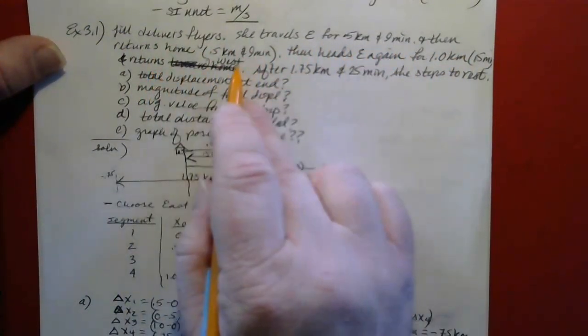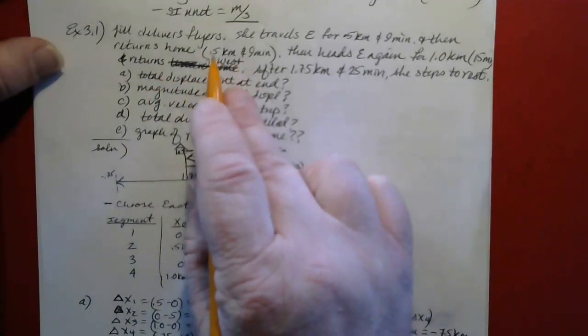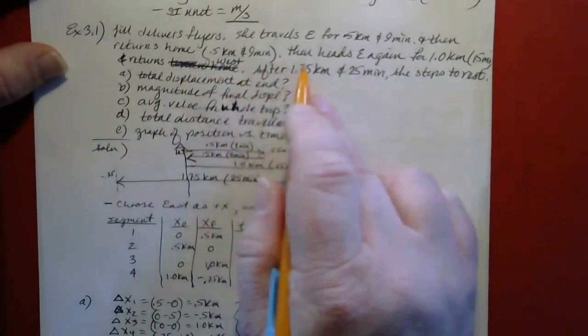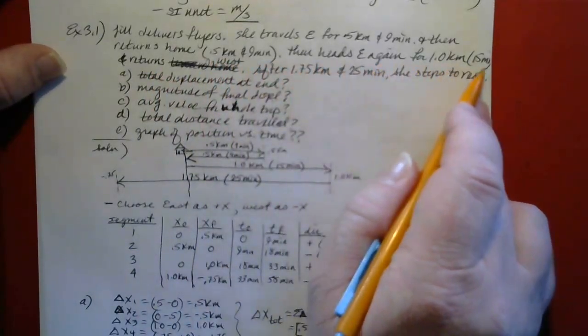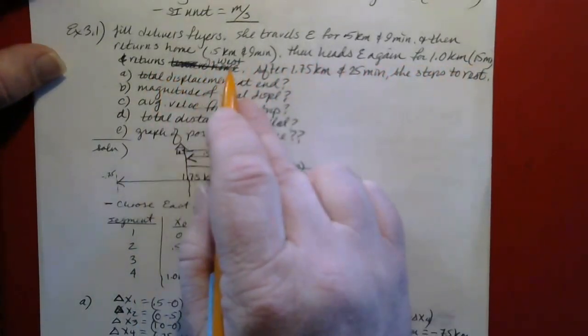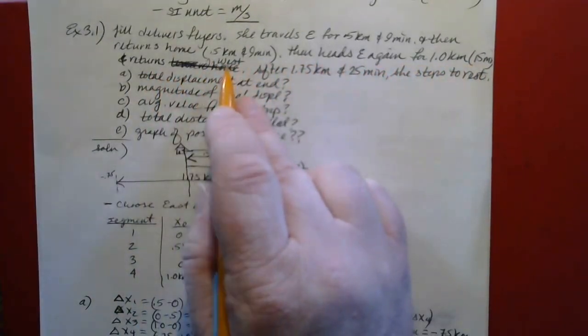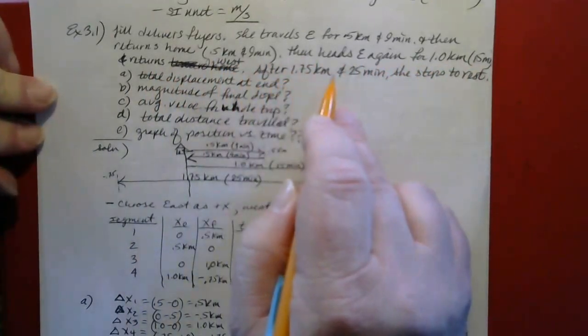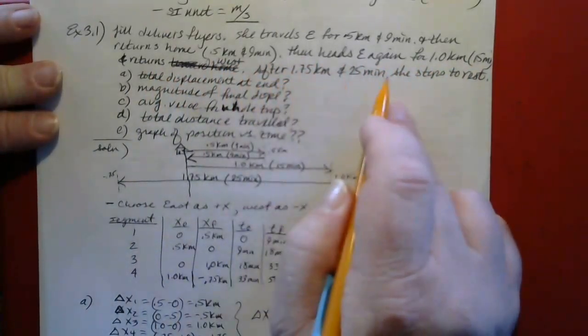Then she returns home, which is the same distance in the opposite direction, and takes the same amount of time. Then she heads east again for 1 kilometer. That takes 15 minutes, and she returns in the direction of home, that is west, for 1.75 kilometers, which takes 25 minutes. And then she stops to rest.